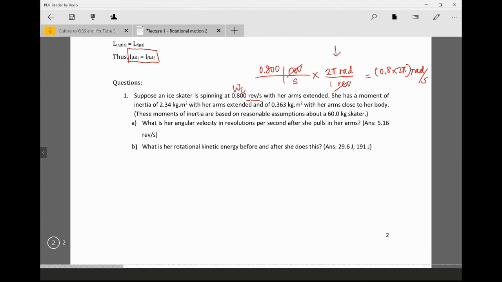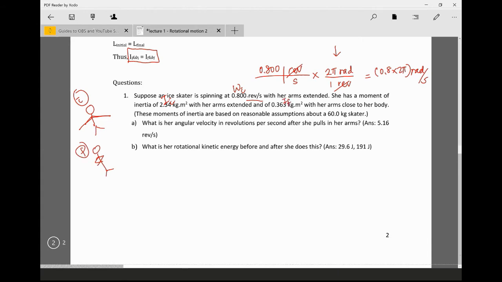So she has a moment of inertia of 4.34 with her arm extended. This is the initial moment of inertia. After that, her arm is close to her body, so that is final. 0.363 is the final moment of inertia.